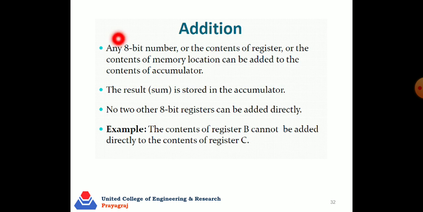Any 8-bit number, register content or memory location content can be added to the content of the accumulator, and the result is stored in the accumulator. No two other 8-bit registers can be added. That means we cannot add B with C, or D with E. Addition is always performed with the help of the accumulator.